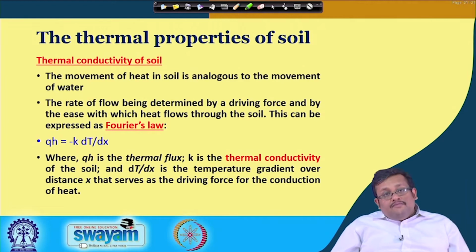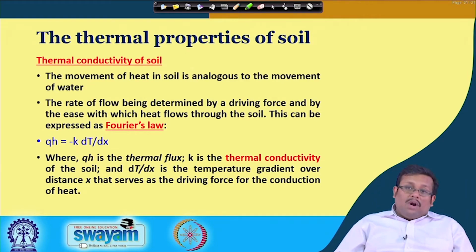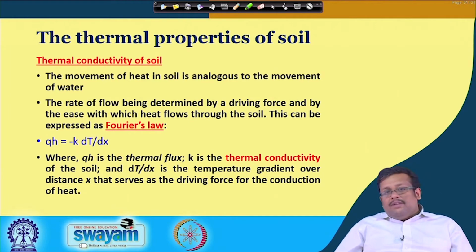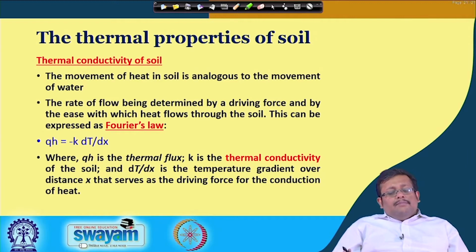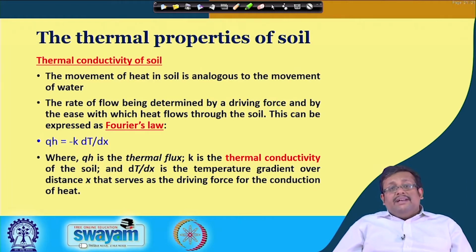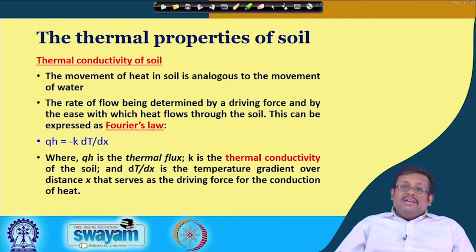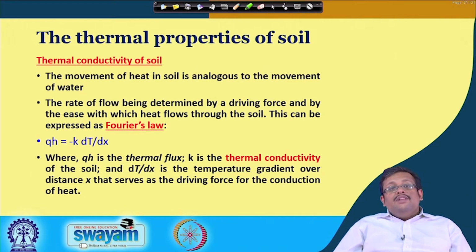Remember that the movement of heat in soil is analogous to the movement of water. We have discussed the movement of water in saturated soil, where we discussed Darcy's law, and in unsaturated soil. The movement of heat in the soil is analogous to the movement of water, the rate of flow being determined by a driving force and by the ease with which heat flows through the soil, and this can be expressed by Fourier's law.